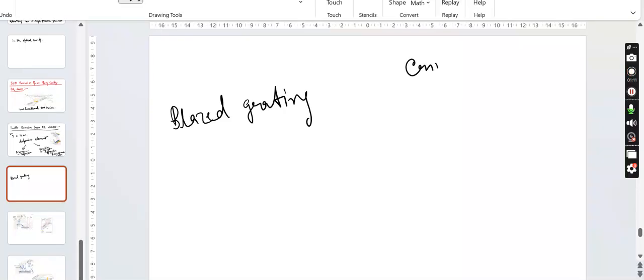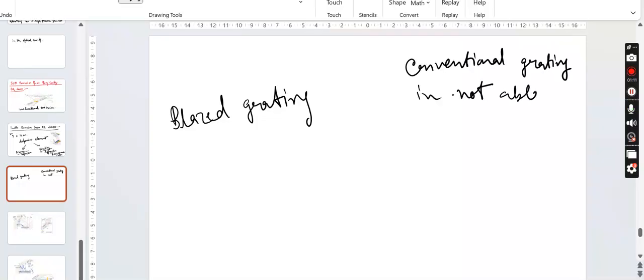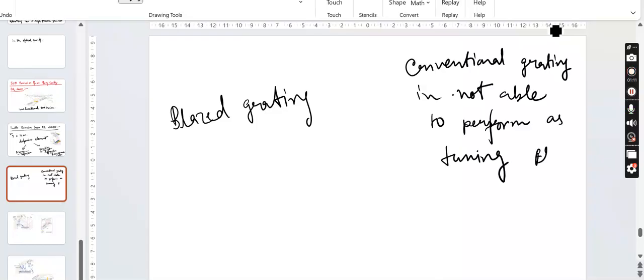Why conventional grating is not able to perform as a tuning element?